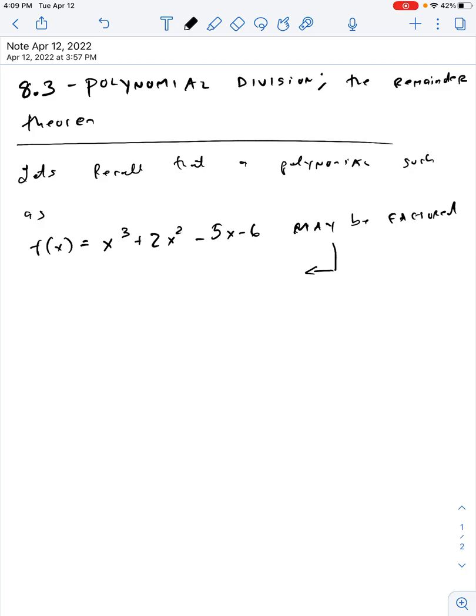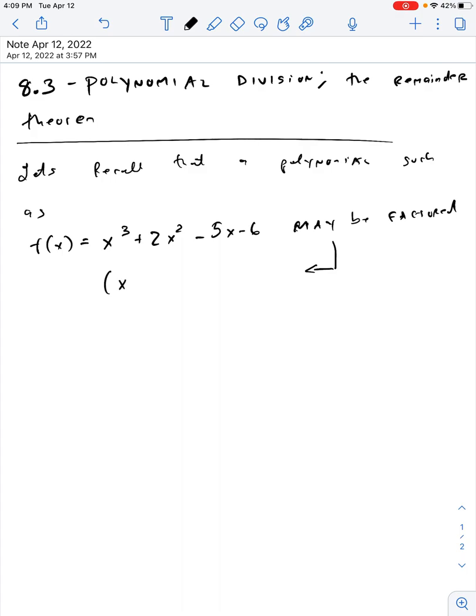And the factored form of it would be x plus 3, x plus 1, x minus 2. And the zeros would be negative 3, negative 1, and 2. All right, so a polynomial can be factored. And then once it's factored, we can find the zeros.